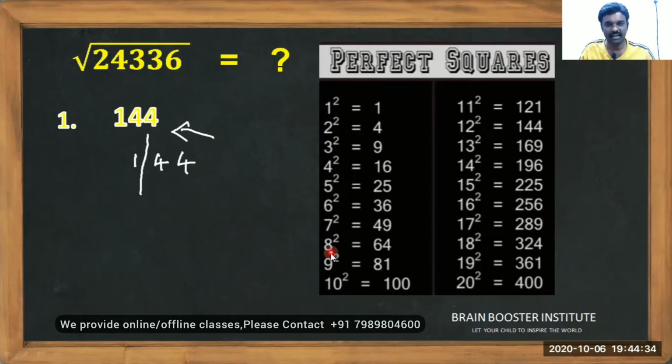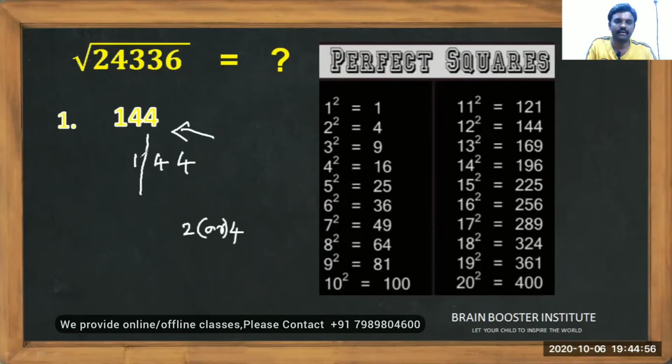At last you will get the conclusion by what exact number it ends at. So it may end with 2 or 8. So here I'm writing 2 or 8.